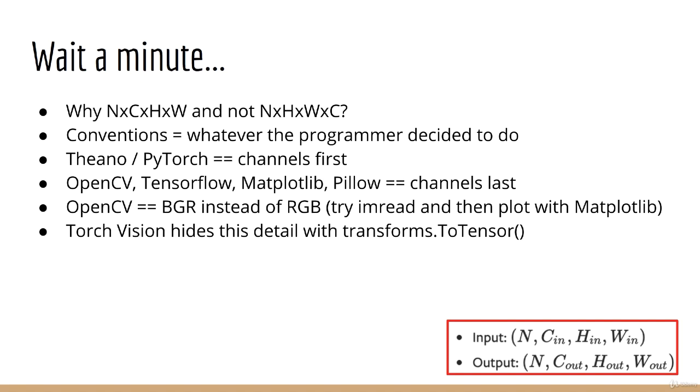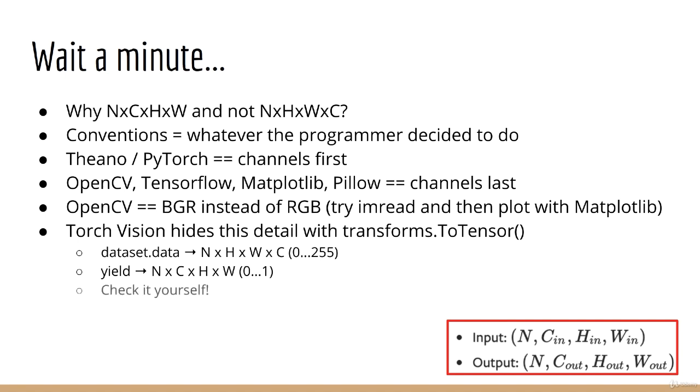Since we haven't worked with color images yet in this course, we haven't had the opportunity to uncover these hidden details, but now we do. As you recall, if you inspect the data attribute of a dataset loaded in from Torch Vision, it gives you the untransformed version of the data. These will be n by height by width by color. But when you yield batches of data from the data loader, this data is transformed in whatever way is needed before it goes into the neural network.